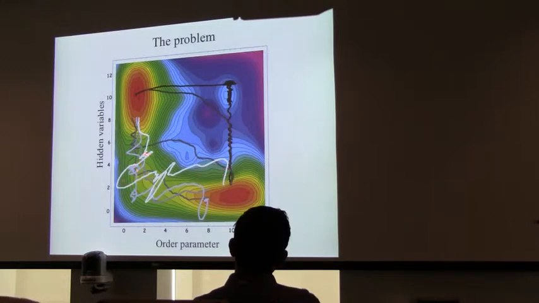So what I want to talk to you about is how can we avoid this kind of situation and actually harvest paths that are really going to go along the real reactive directions, even when we don't know a priori what these hidden variables are, all these other coordinates.